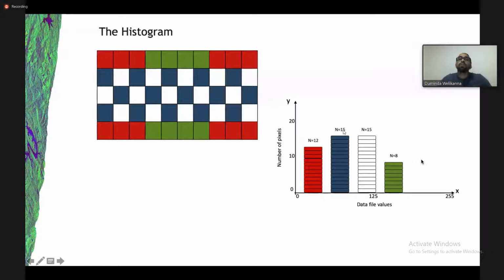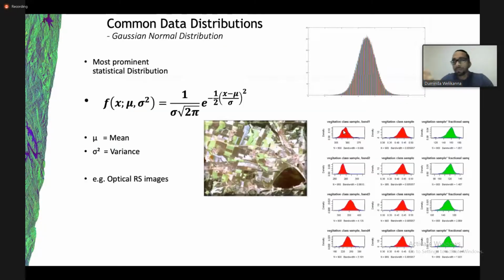Likewise, the distribution of the pixels, which we call histogram. Histogram is a tool for satellite image processing. So looking at the histogram, you can say a lot of things. So looking at the histogram is very important. And if you take a satellite image, the histogram is its distribution.